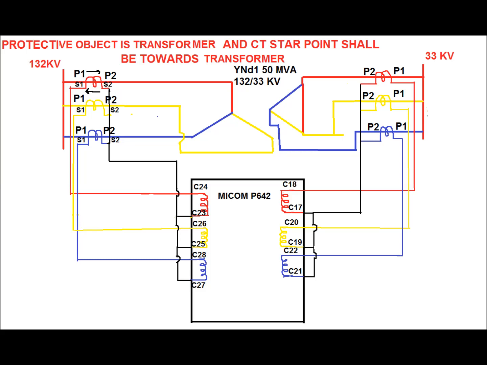Here the star connection is made, that is all the S2 are connected to form the star formation towards the direction of the transformer, that is the protected object.